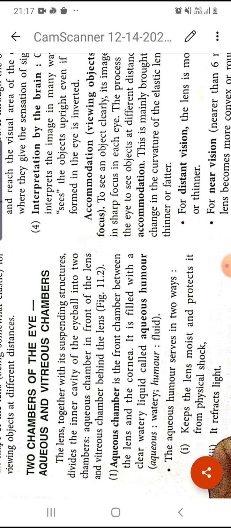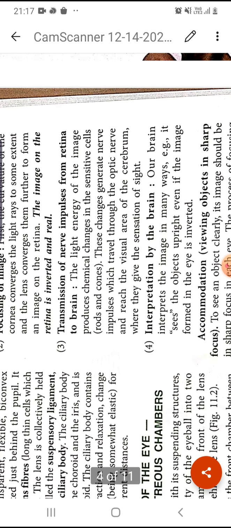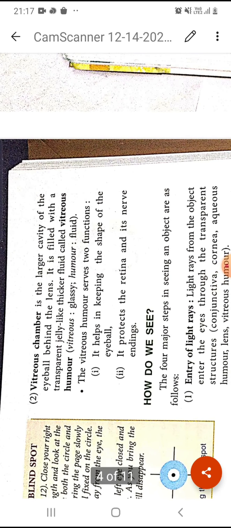And we have two chambers in our eyes, the aqueous humor and the vitreous humor. The aqueous humor is the front chamber between the lens and cornea. It is filled with a clear liquid. Next is the vitreous humor, the large cavity of the eyeball behind the lens.